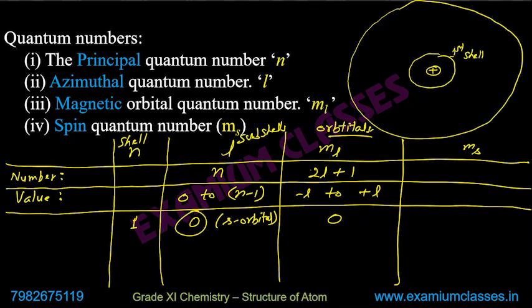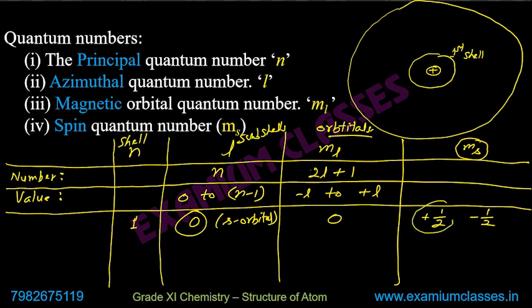Now, ms: in one orbital there will be 2 electrons, and ms specifies spin. One electron will have clockwise spin, another anti-clockwise. Because there is only one orbital, designated by 0, there can be a maximum of 2 electrons, represented by plus half and minus half. This is the way to represent clockwise and anti-clockwise spin.